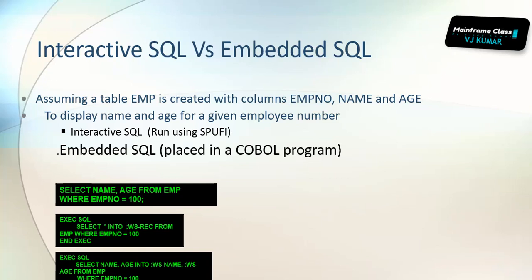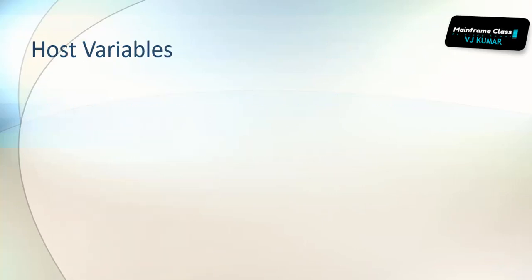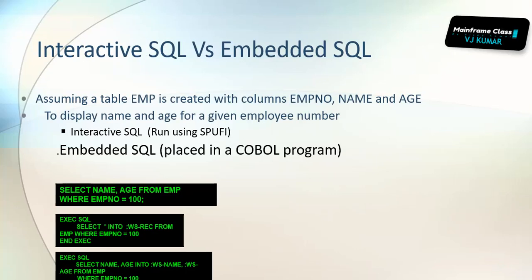When selecting specific fields, note that WS-RECORD is a group variable, while WS-NAME and WS-AGE are individual elementary variables, where the name will be copied to WS-NAME and the age will be copied to WS-AGE. Do you see any INTO in the interactive query? No, right? Here we are seeing INTO. INTO is something extra that we see when writing embedded SQL. In the next video we will see about DCLGEN, host variables, and the other things that will come up.